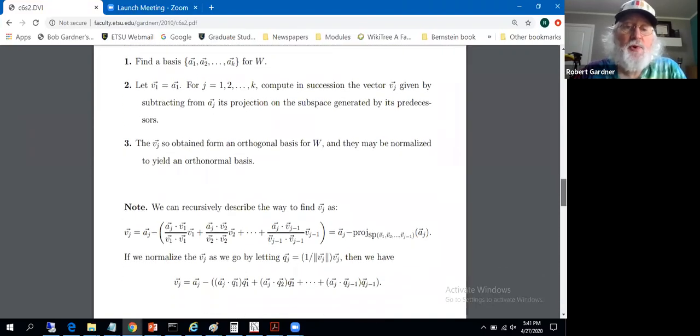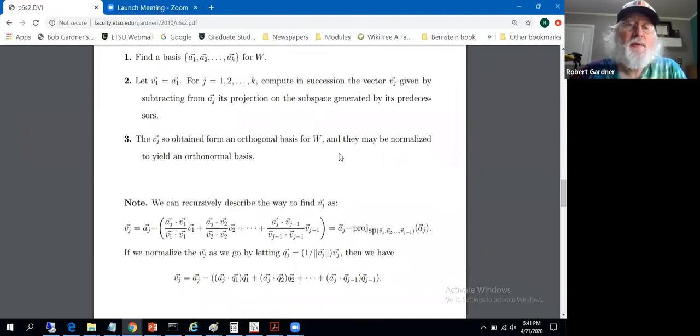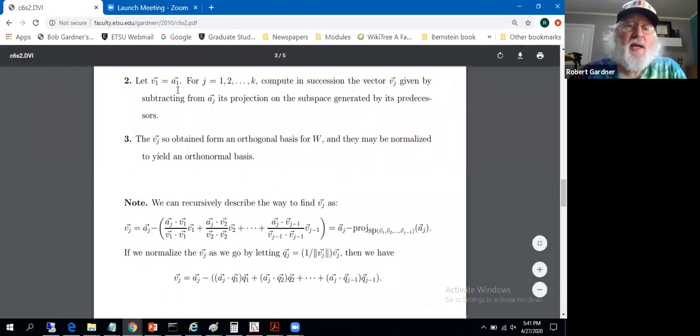Computationally, what we're doing is starting with V sub 1 equals A sub 1, and then we're taking j equals 2. V sub 2 equals A sub 2 minus, we'll let j range from, I guess, 2 to 2. So no, I take it back.